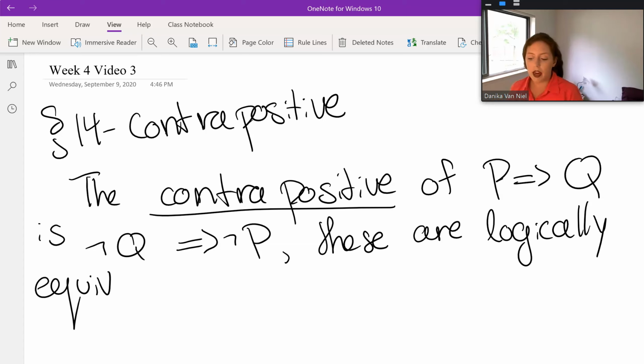So let's say I want to prove P implies Q, but I'm looking at it and I'm like, well, it might be easier if I show that not Q implies not P. Well, lucky for me, they're the same. They're logically the same. So I can prove that, and it's the same as proving the other thing. Okay?